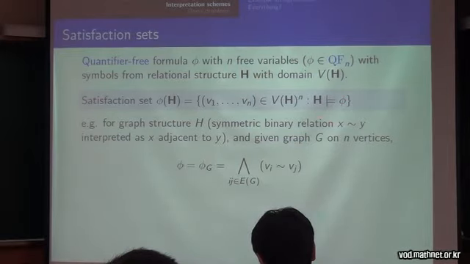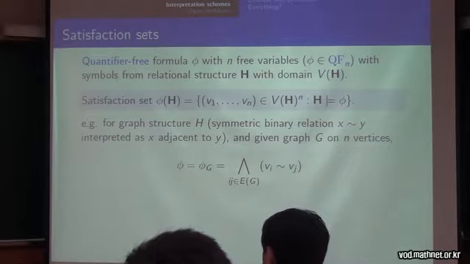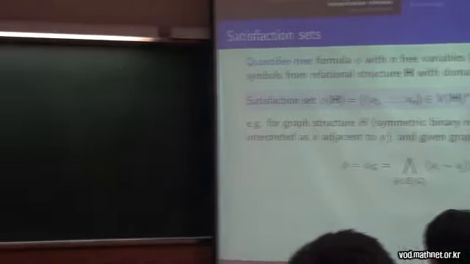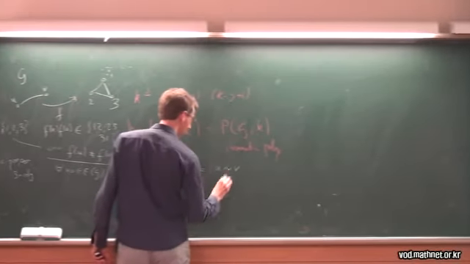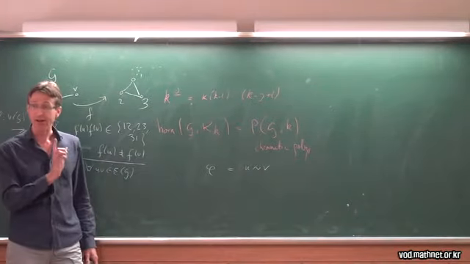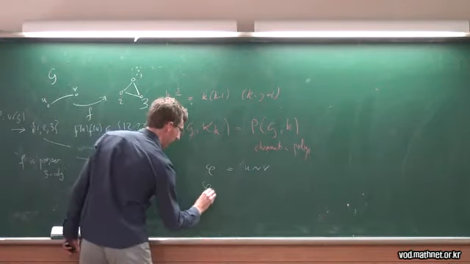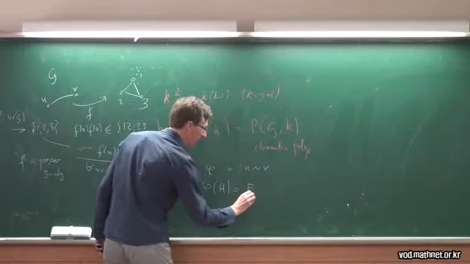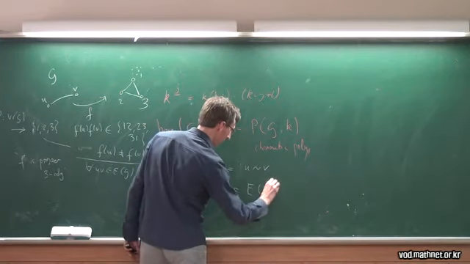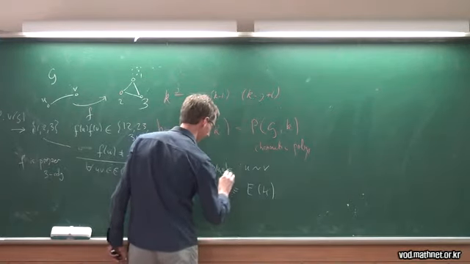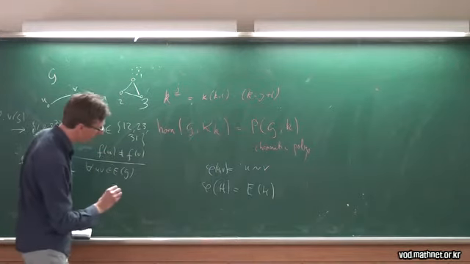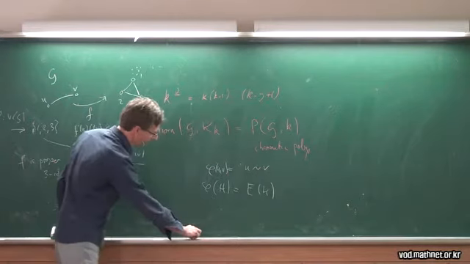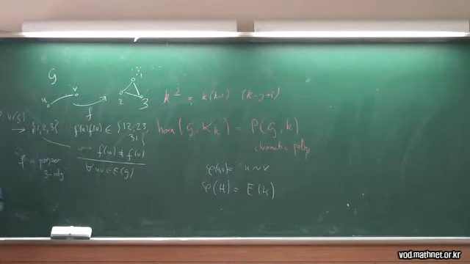In the graph world, if phi is just this, then phi of the graph H counts, up to swapping the variables, the edges.